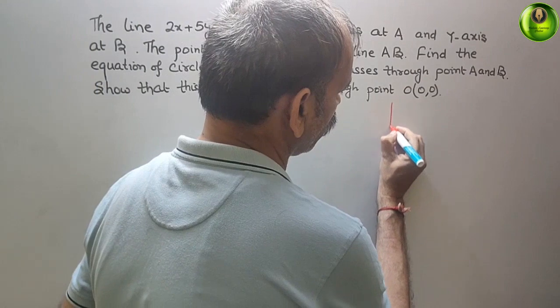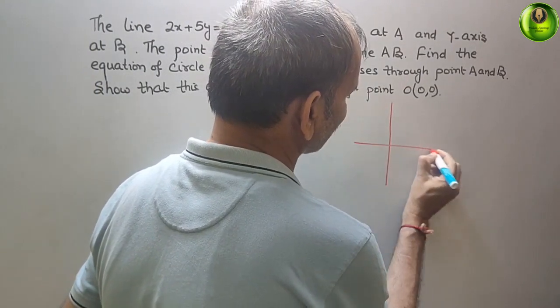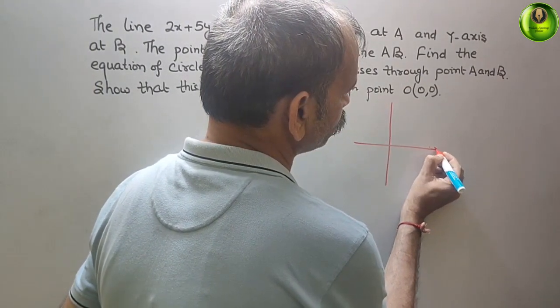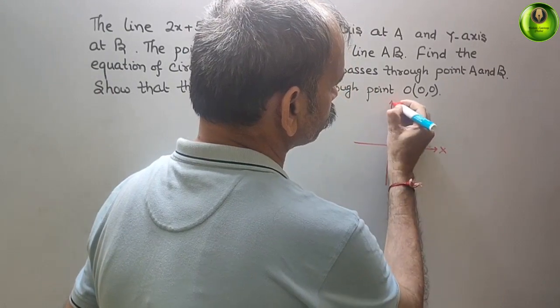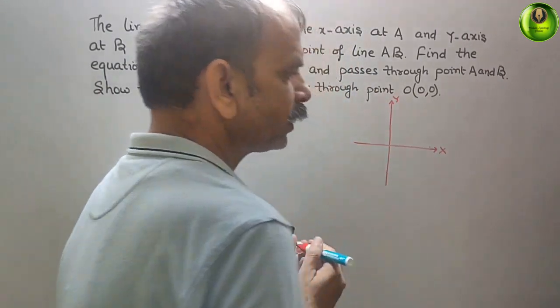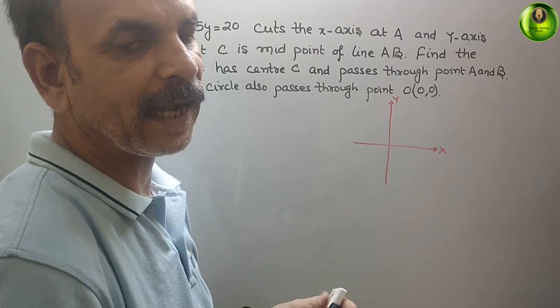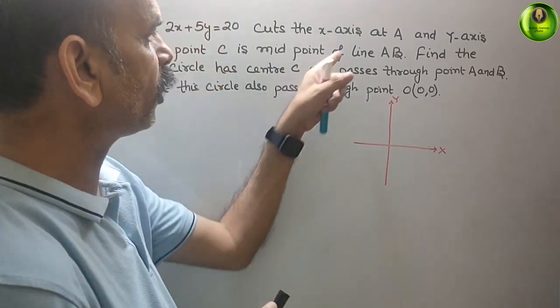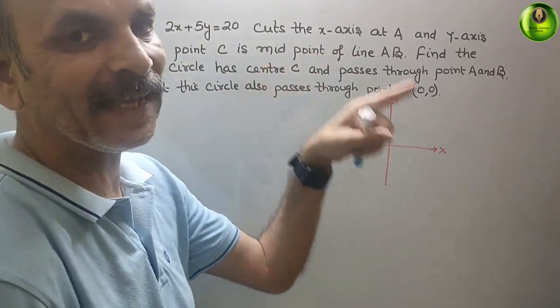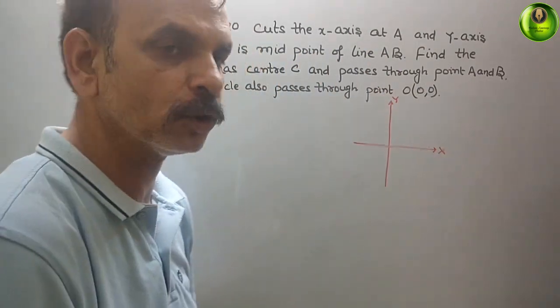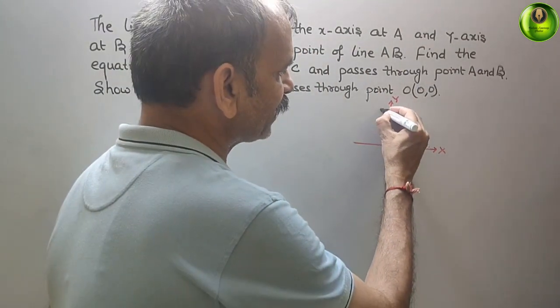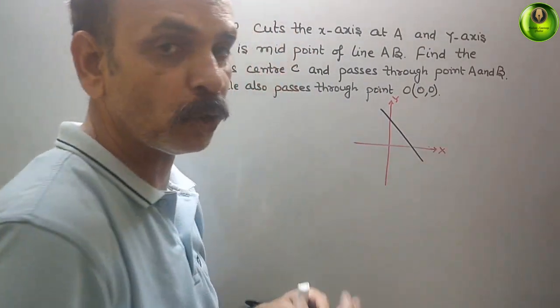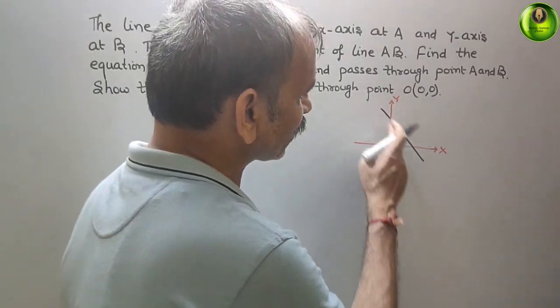So this is your y-axis, this is your x-axis. They have told that the line cuts the x-axis and y-axis both. That means the line is just like this. Suppose the line is like this.